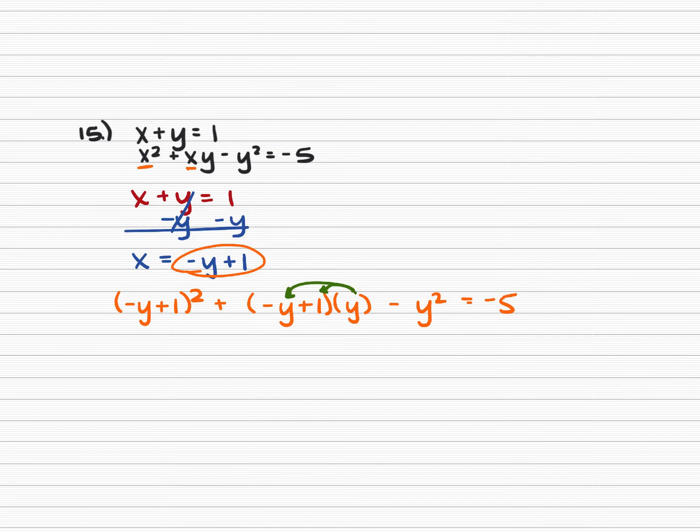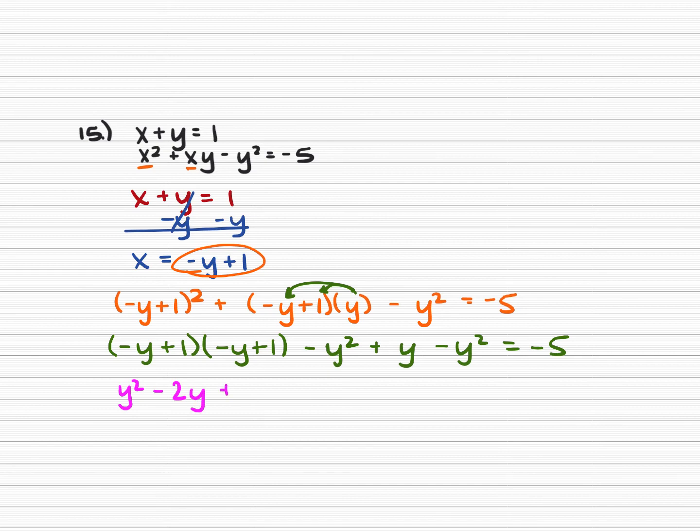That negative y plus 1 squared is going to have to be rewritten as negative y plus 1 times negative y plus 1. This is going to give us negative y squared plus y minus y squared is equal to negative 5. FOIL your negative y plus 1 times negative y plus 1. We're going to get y squared minus 2y plus 1.